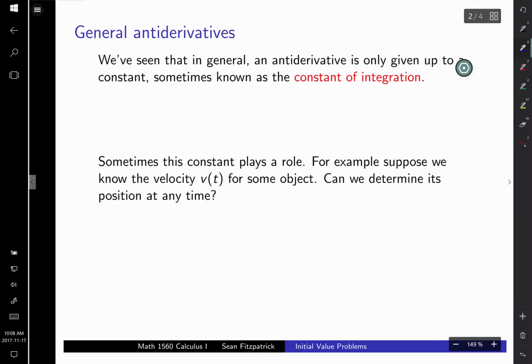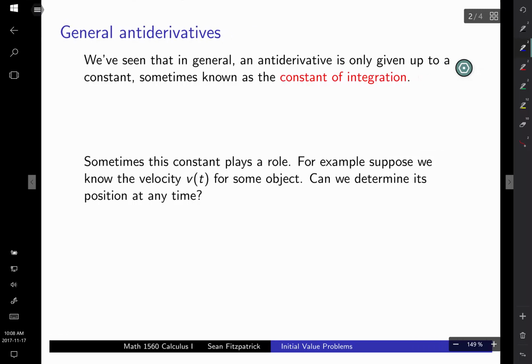So we saw in the last video that in general, when you find an antiderivative, it's only given to you up to some constant, right? The constant of integration. So we saw that, for example, if f of x equals, let's say, cos x, then a possible antiderivative would be f of x equals sine x, but I'd be off by some constant of integration.